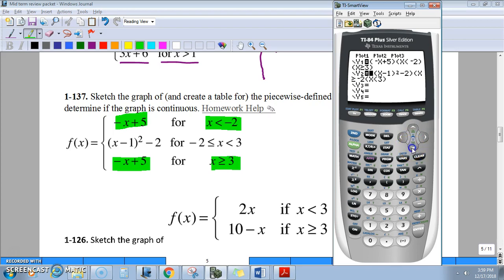Let's see. I need to add something in here. Second, insert this. And x greater than or equal to 3. Oops, now I zoomed out again. Let's try this.